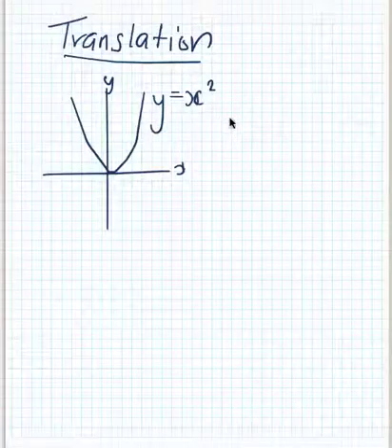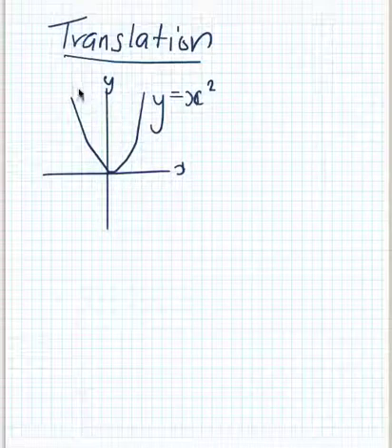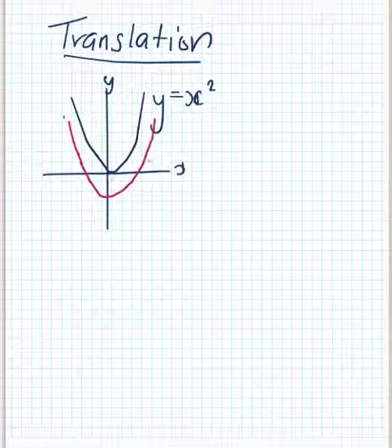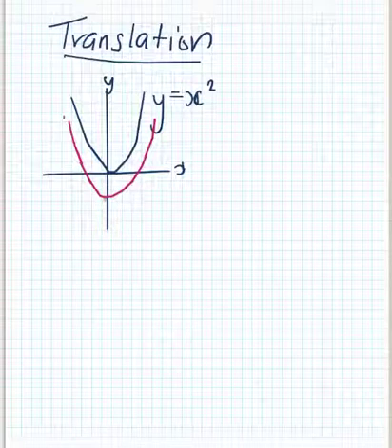Once again, we have our basic parabola, and I'm going to draw another parabola just next to it. Imagine I grab the basic parabola and drag it down here. It's exactly the same parabola, but what has changed? It has gone down a certain amount of units. So this translation is a vertical translation.